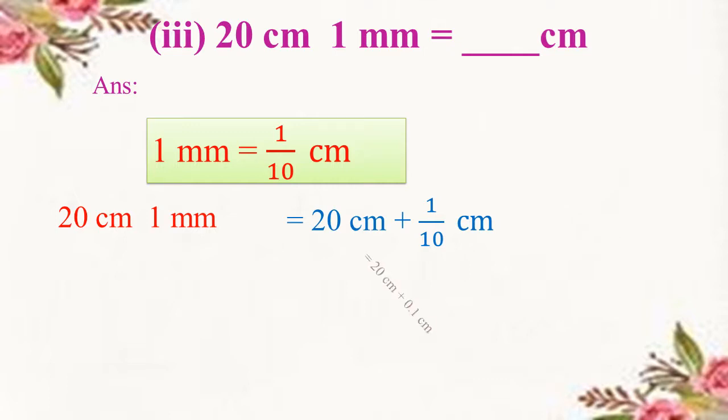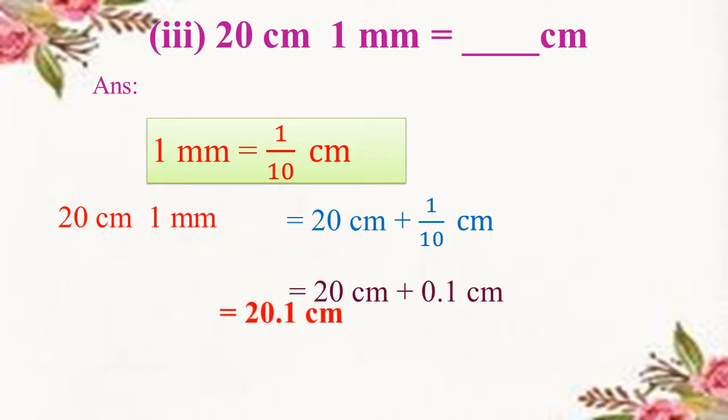Next 20 centimeter plus 0.1 centimeter, because 1 by 10 can be written as 0.1. Now we want to add 20 centimeter and 0.1 centimeter. We get 20.1 centimeter.